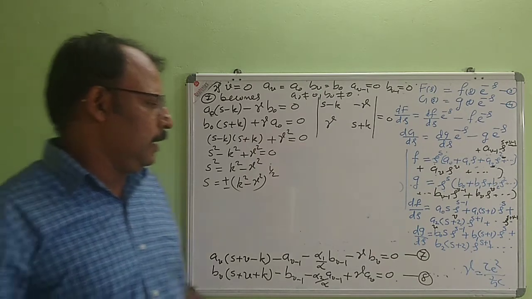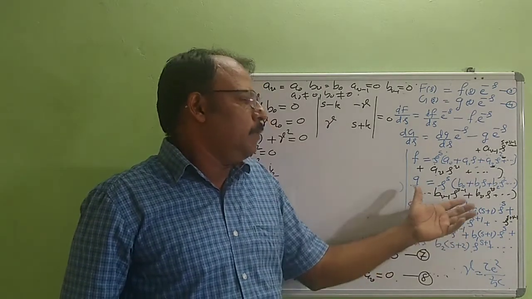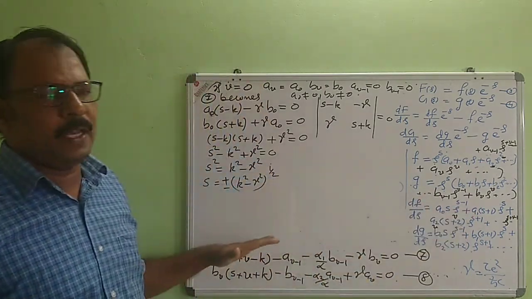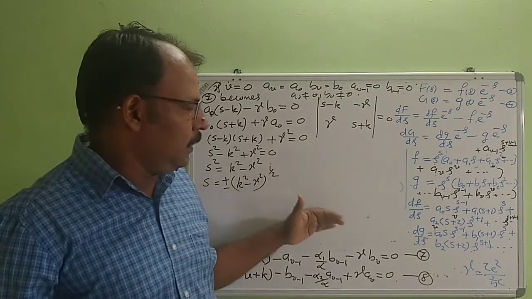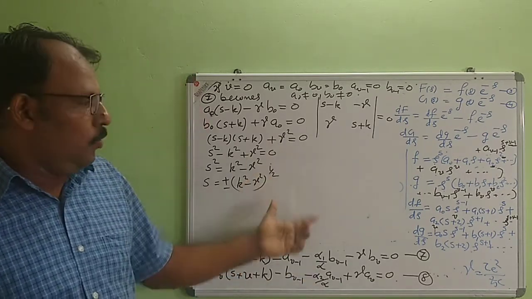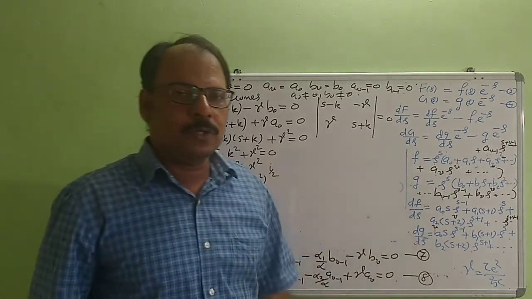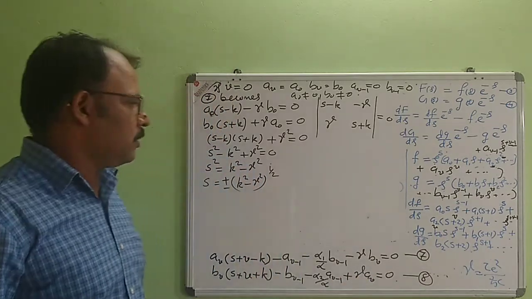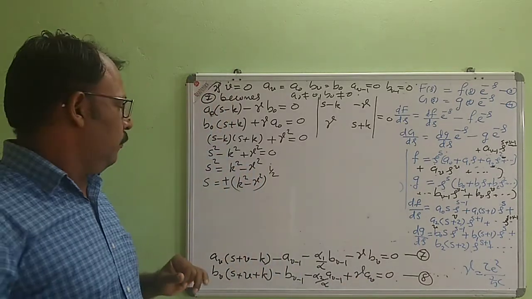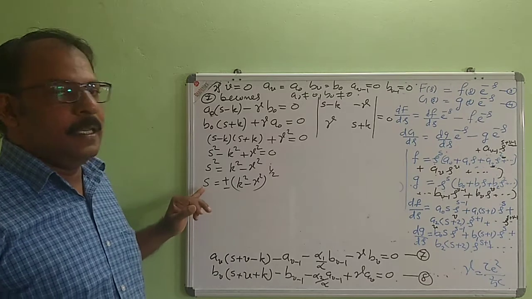I told you earlier, S is having only positive value, otherwise it will violate the boundary condition at the origin. When rho equal to 0, we will have a diverging solution when S has a negative value.